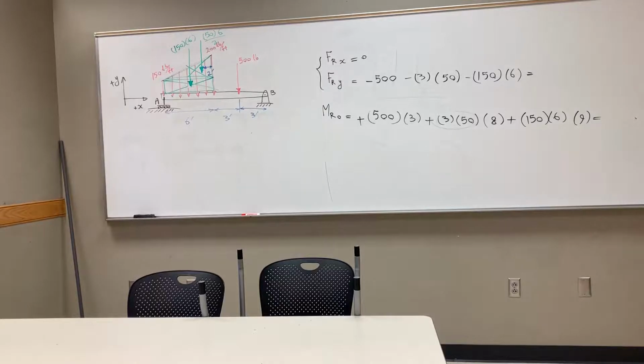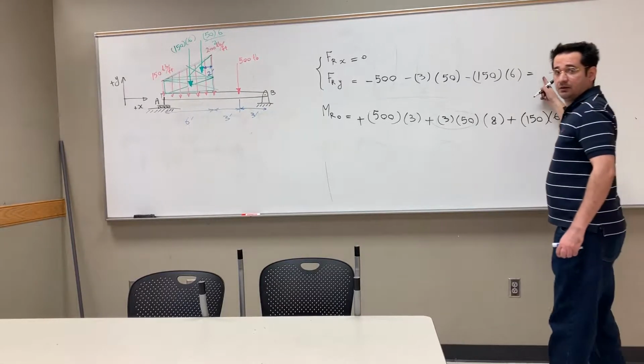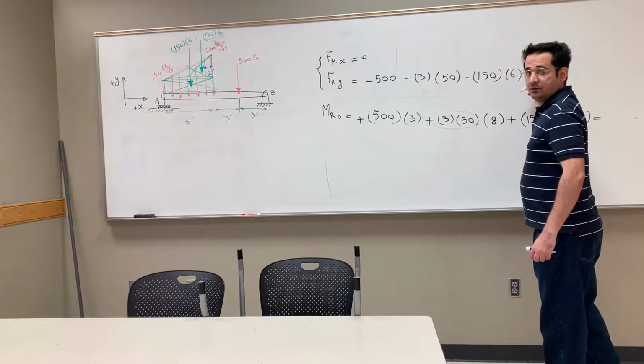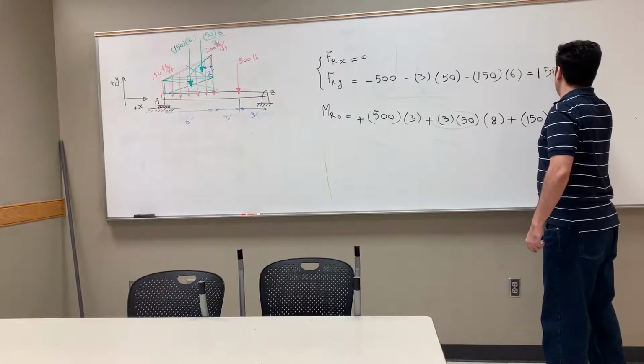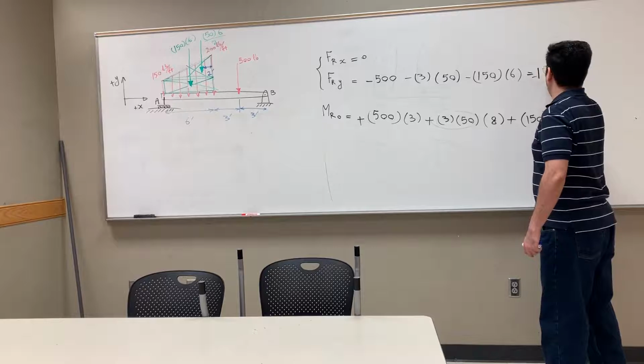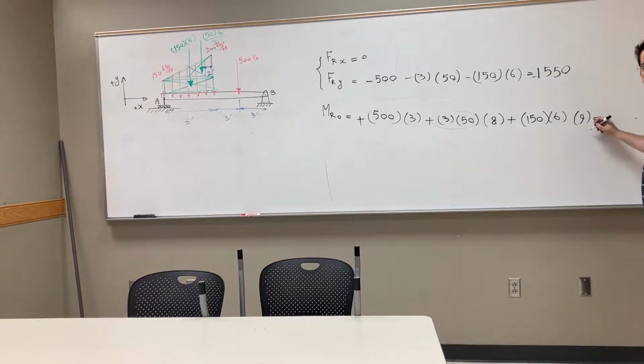It's 10,800. This one is, oh, that one's 1,550. 1,550 negative, right? And this one is 10,800. Like that. Right? 10.8 kilonewton.